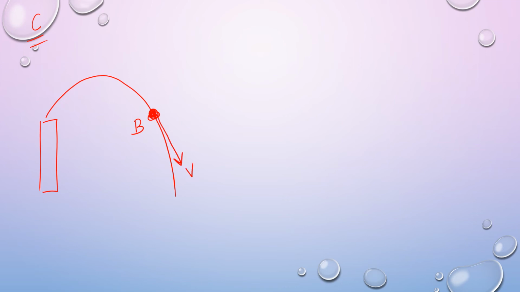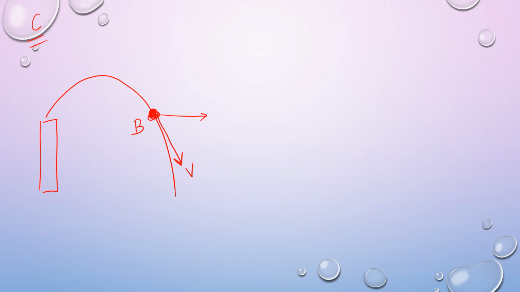So let's work out the last part, which is to find the velocity after 2 seconds, right? So again, I'm going to draw the diagram, which was like this. Let's say the particle or the object is at this point. Let's say this point is B, and you have to find this velocity.